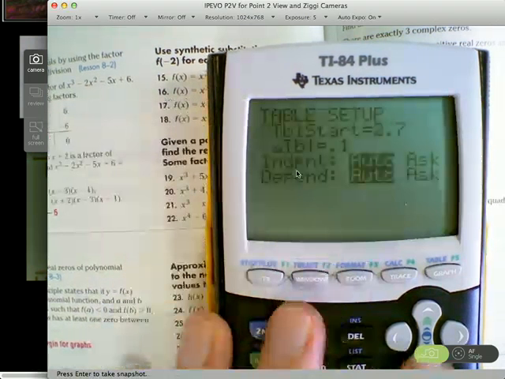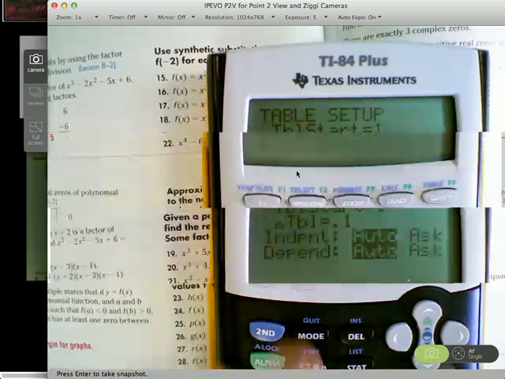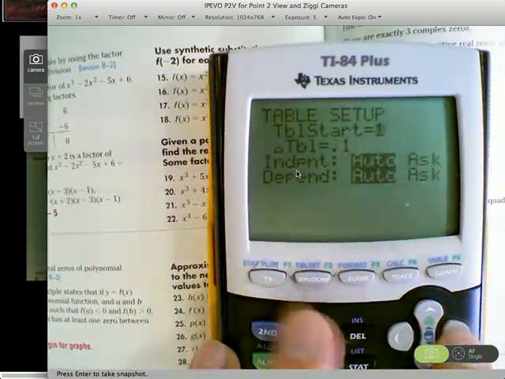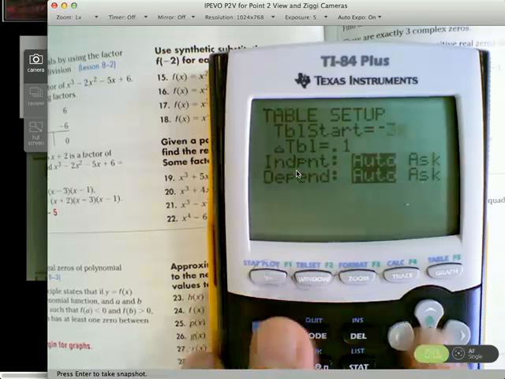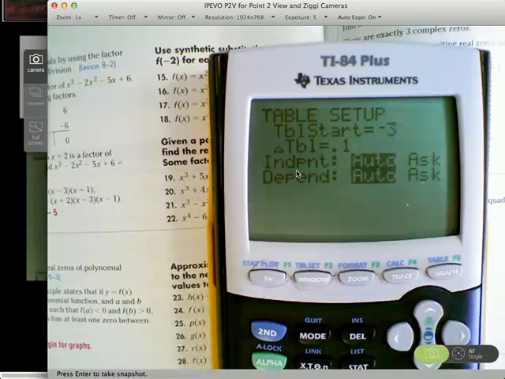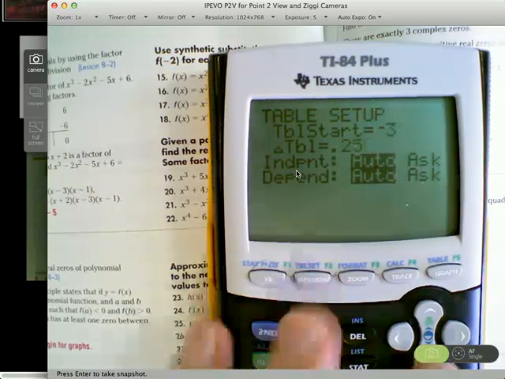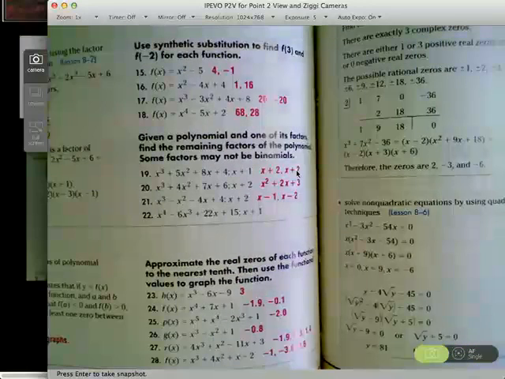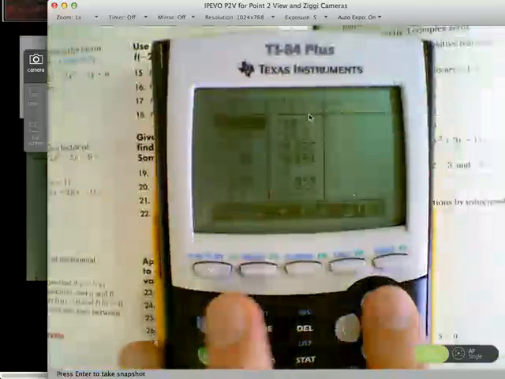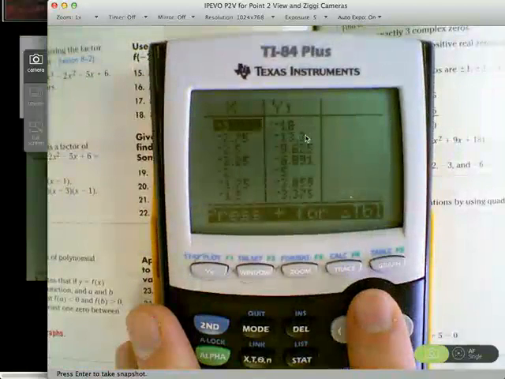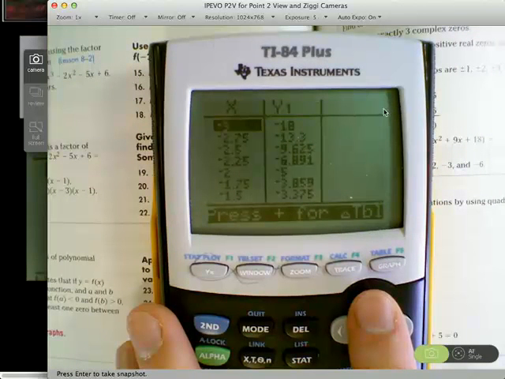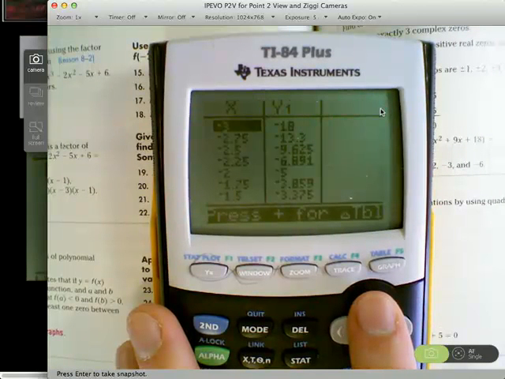I'll start counting at negative 3 again and count by, I don't know, maybe 0.25. No, that's the graph. I don't want to cheat. All right, so looking at this, how can I tell where a min or max occurs?